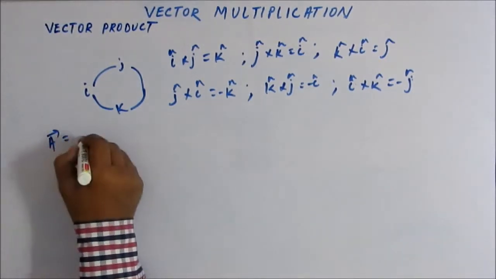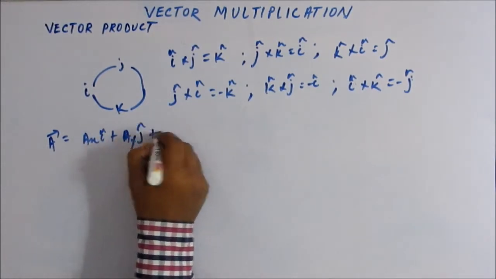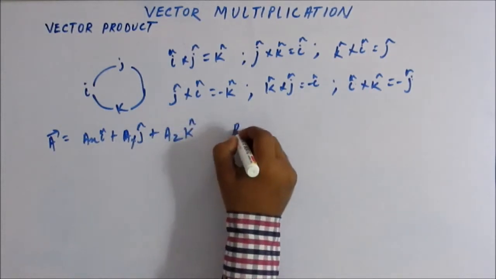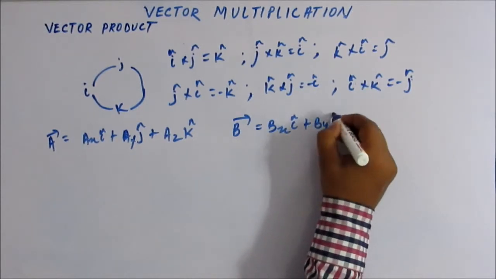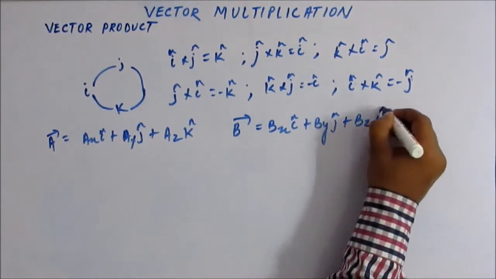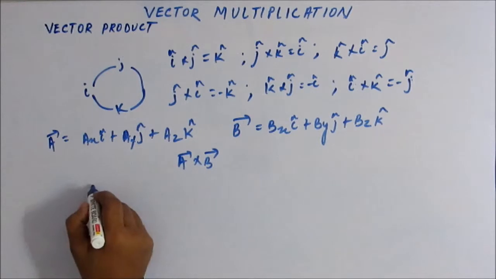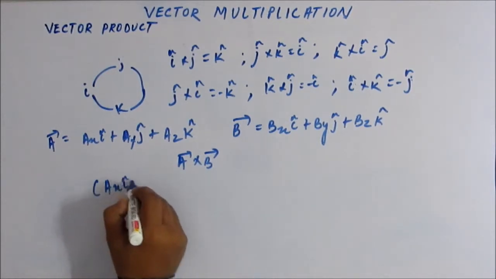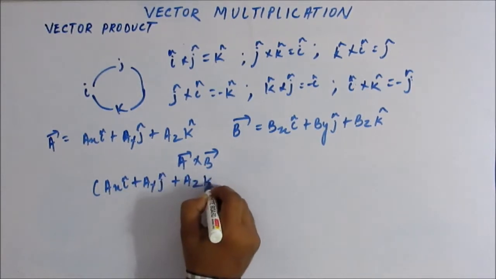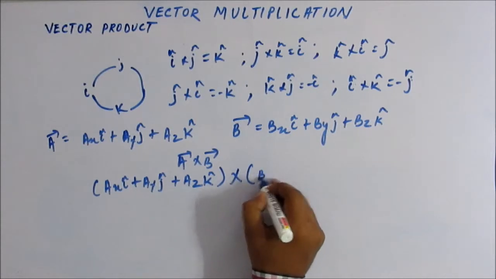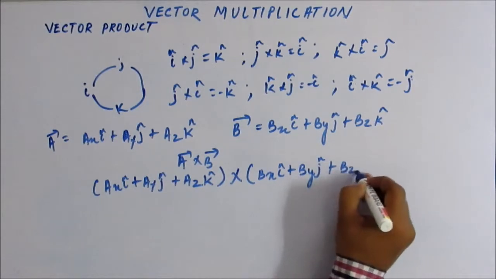If we have a vector as ax i cap plus ay j cap plus az k cap, and we have b vector as bx i cap plus by j cap plus bz k cap, and we have to do a vector cross b vector.